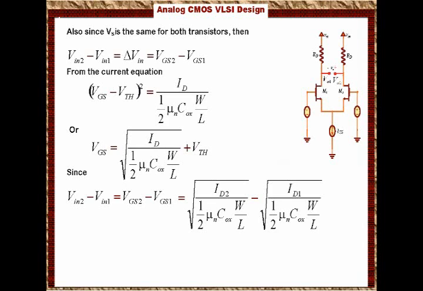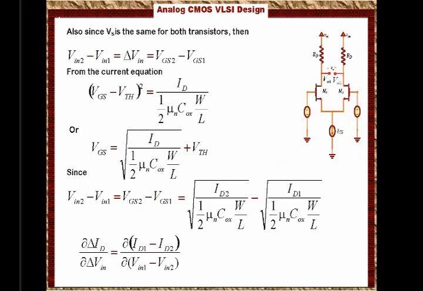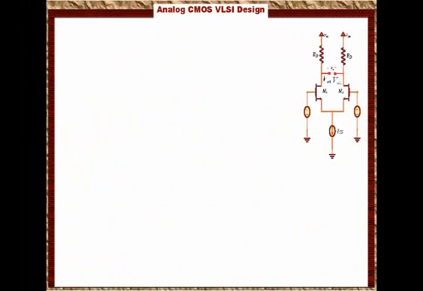Now I can take the partial derivative of delta ID with respect to delta Vn, which is the partial of ID1 minus ID2 over the partial of Vn1 minus Vn2. Now you take the partial derivative explicitly and do some algebra.